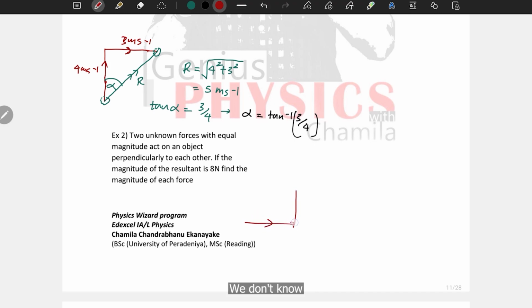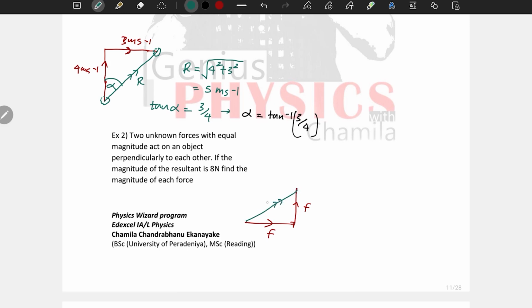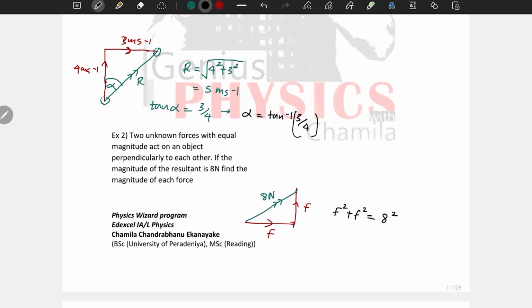We don't know the magnitude of these two forces. Let me take the magnitude of each force as F, and the resultant is already known, which is 8 newtons. Again, we can apply the Pythagoras theorem: F squared plus F squared is equal to 8 squared, right?